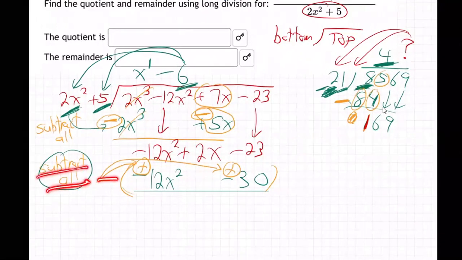So I'm subtracting all this. The minus sign has to go there and go there, subtracting both of these guys, changing both their signs to positive. Okay, and then these cancel, minus 12x squared now plus 12x squared. That's how that works.